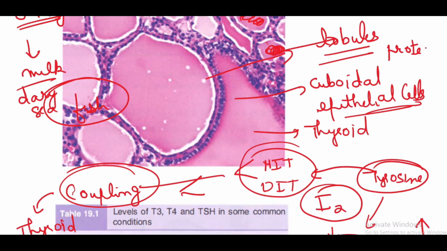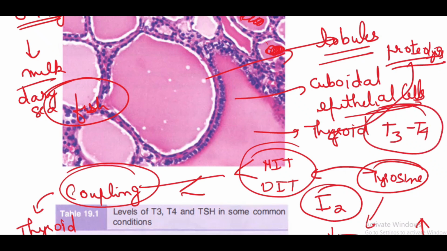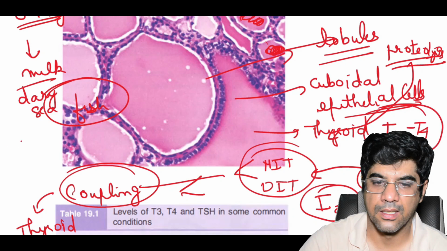So when needed, the thyroglobulin undergoes proteolysis, protein breakdown, and T3, T4 are released. Now T3, remember, acts quickly within a few hours, and it is the more active form of the thyroid hormone.